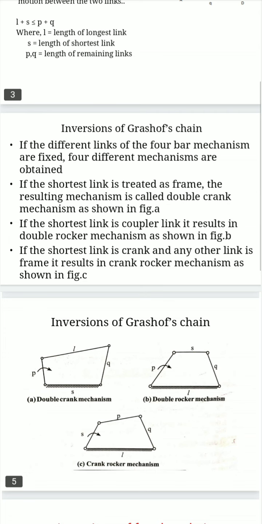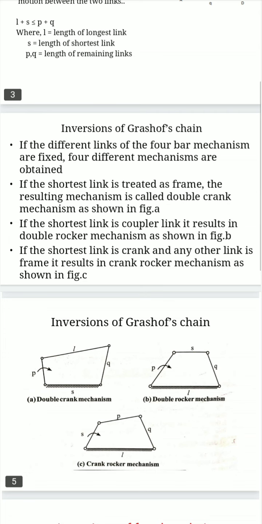Similarly, in the third sketch, if the shortest link is used as the crank and any other link as the frame, it results in a crank rocker mechanism. That means if the shortest link rotates, the other link will oscillate.